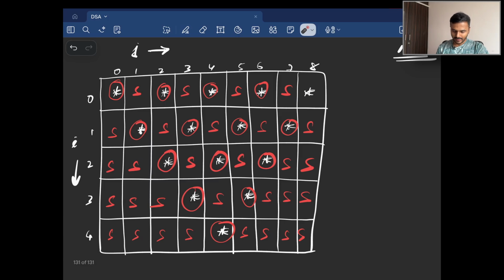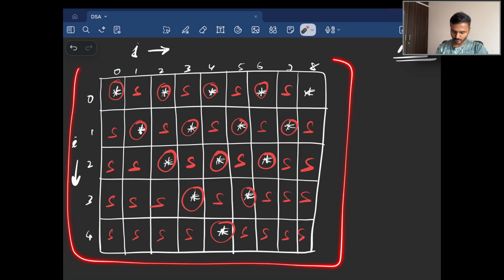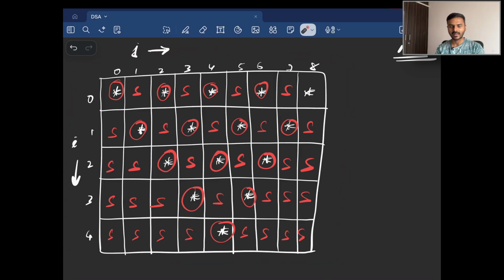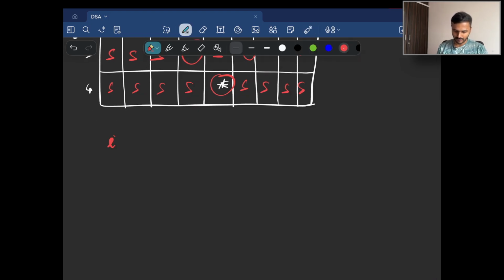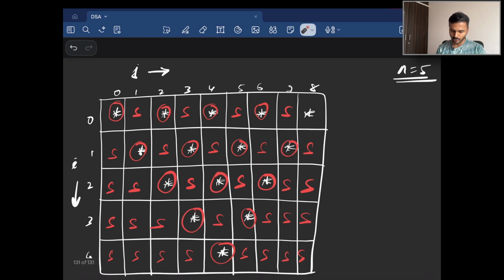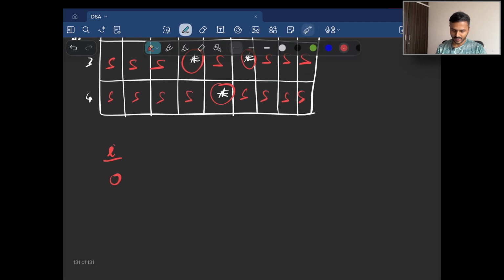So now let us note this observation down somewhere so that we can take a look at them and try to find a relation between them. So what we observed was for i equal to 0, which is the first row, we had to print 5 asterisks, and each of these asterisks had a space between them, right? So let us put it this way.